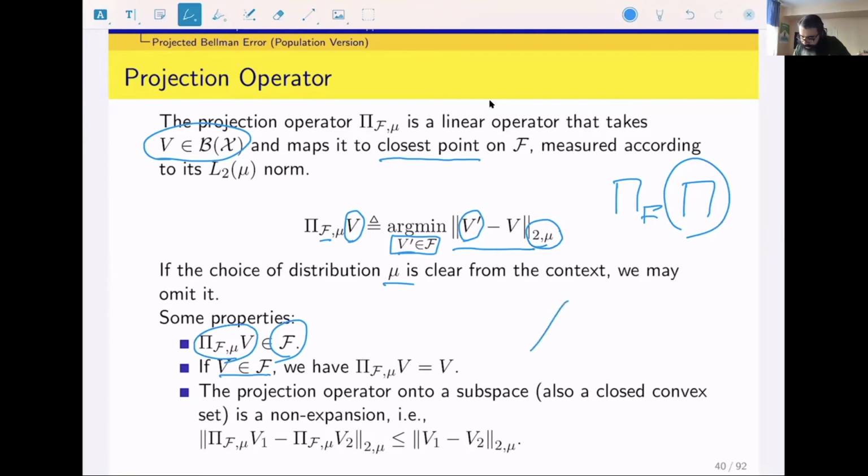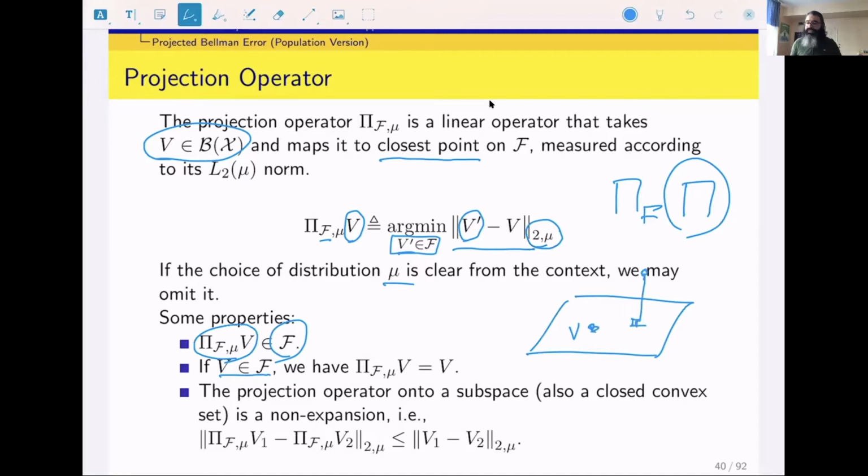So essentially, if this is the function space and there's a point that is on it, say on that hyperplane, if it's a linear function space, after I project it, it just doesn't change its location, it stays the same. But if it is outside, it would change the location.